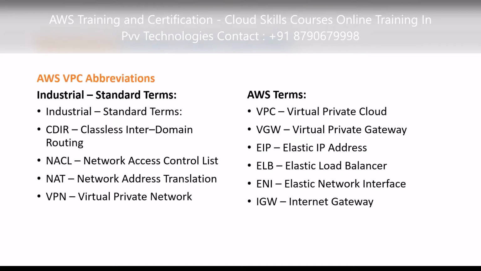NACL, network access control list. NAT, network address translation, like NATing an IP. VPN is a virtual private network, where we use a virtual private gateway for the communication. VPC is virtual private cloud.